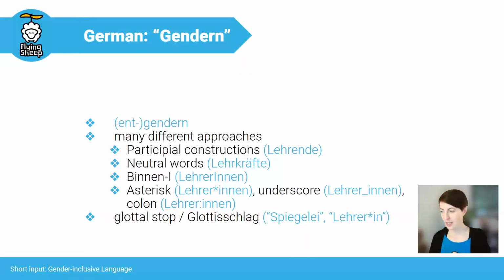So let's try that again. We could say ÄrztInnen, LehrerInnen, or SpielerInnen as a more inclusive form to refer to people. Now, so far I've used only the plural form, but actually this can also be used in the singular form. For example, you could say Lehrerin or Spielerin.